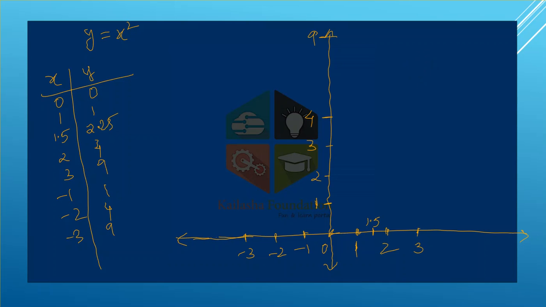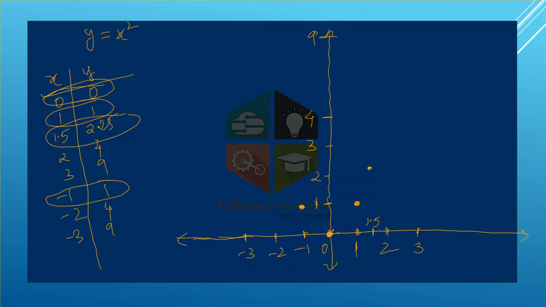Okay, so 0 comma 0 is one of the points, 1 comma 1 is another, minus 1 comma 1 is also a point, 1.5 comma 2.25 is here.